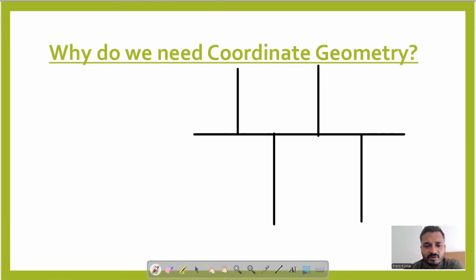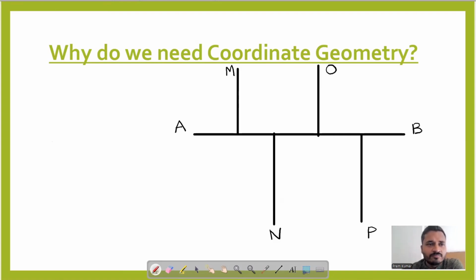So this is the main road, A, B is the main road. And there are 4 sub roads. Is it fine? So suppose the name of this road is M, this road is N, this road is O and this road is P.